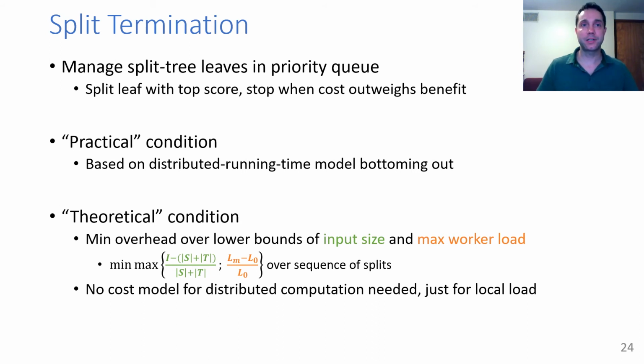The practical condition uses a distributed running time model, and that model simply predicts at what time further splitting does not improve running time anymore. The second one is surprising in the sense that it does not need a distributed running time model, but only essentially a standard cost model as used by database optimizers. This model finds the optimal point in terms of the overhead of input size and maximum worker load compared to the lower bound.